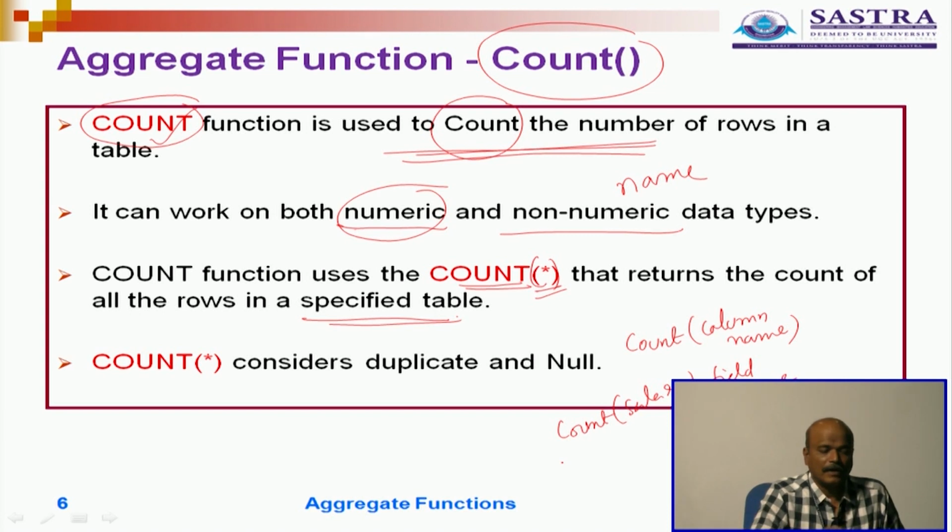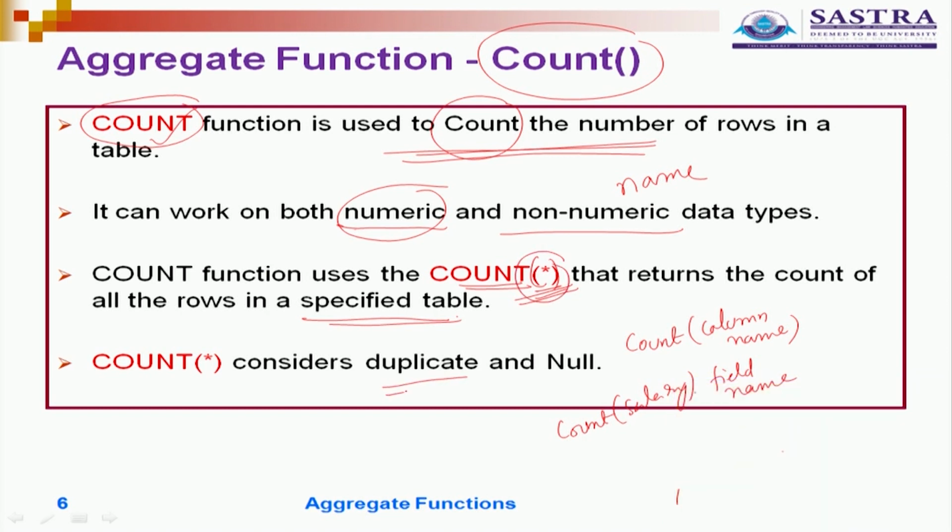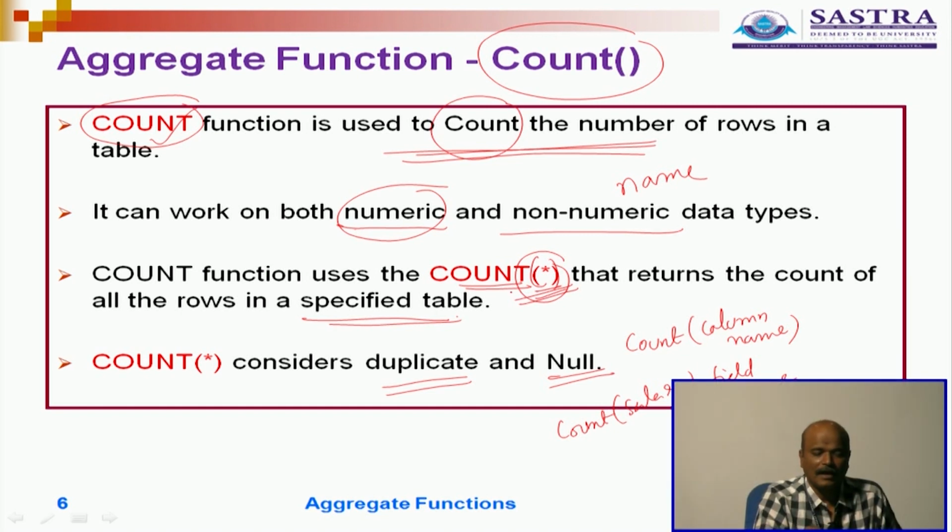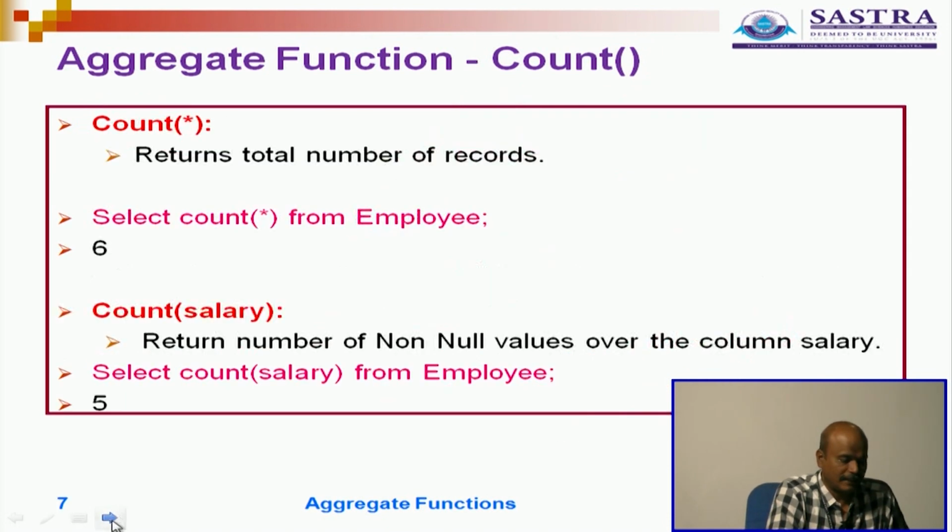The uniqueness of this version is that it considers both duplicate values as well as null values. So, if you want to skip the null values or the duplicate values, we need to go to the other version of the count function.